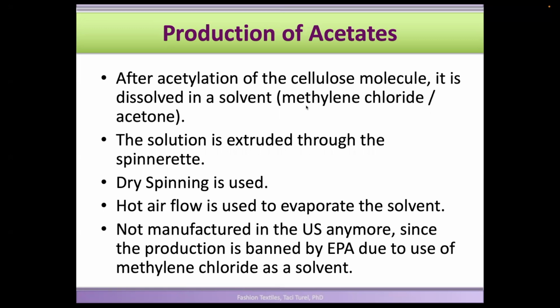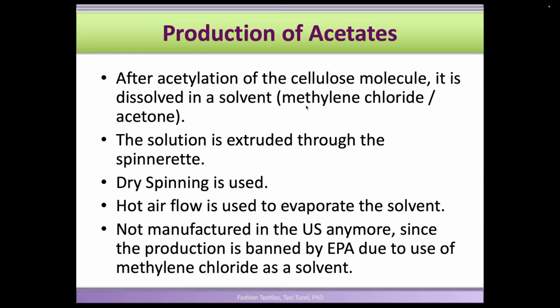Acetate also gets dissolved in acetone or methylene chloride. So if you're using acetone to remove your nail polish, for example, and you have something acetate and it drips on it, it's definitely going to break the fibers and it's going to dissolve completely if you put it in acetone. So you have to be very careful with that.